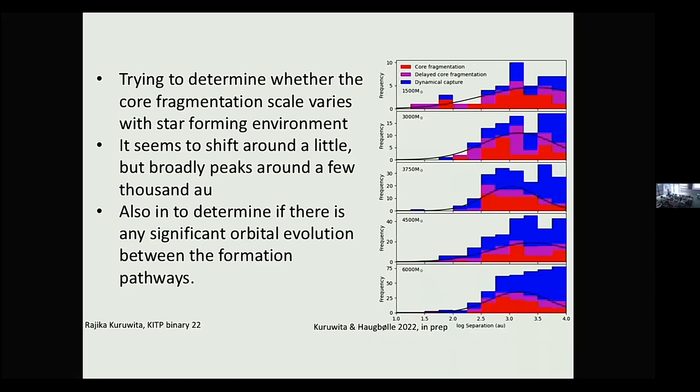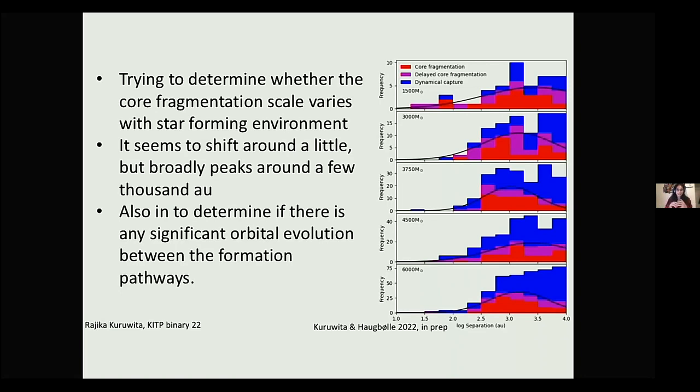Thank you. And my question is, where are the short period, the closer binaries, less than a few hundred AU? Are you not resolving that? Are you not finding core fragmentation on those scales? Well, the way the simulations are set up, we have a resolution of 50 AU, but the smoothing length of our sinks is a third of the cell, so we can resolve down to about 20 AU.